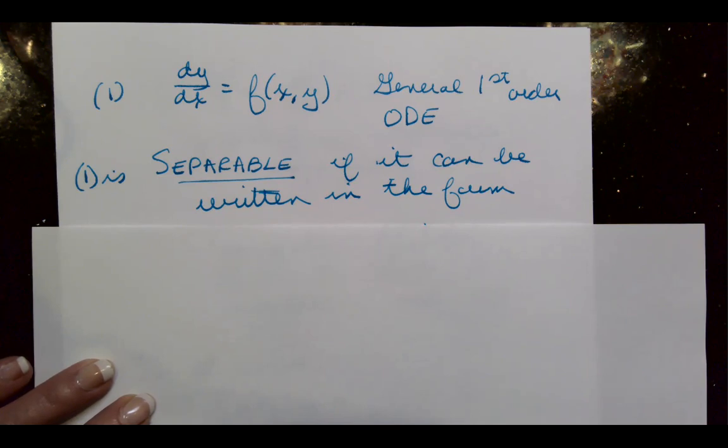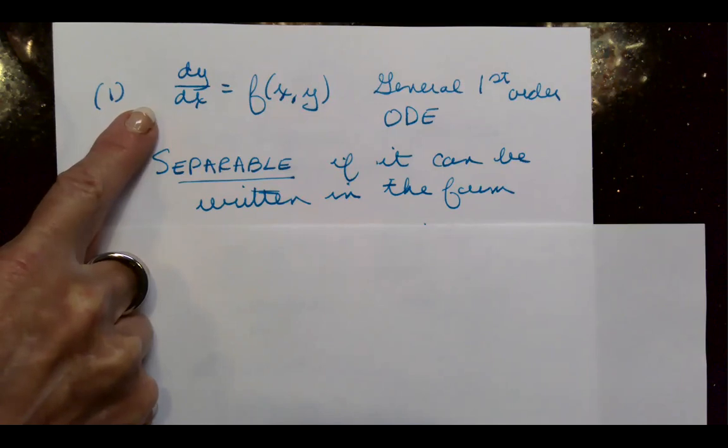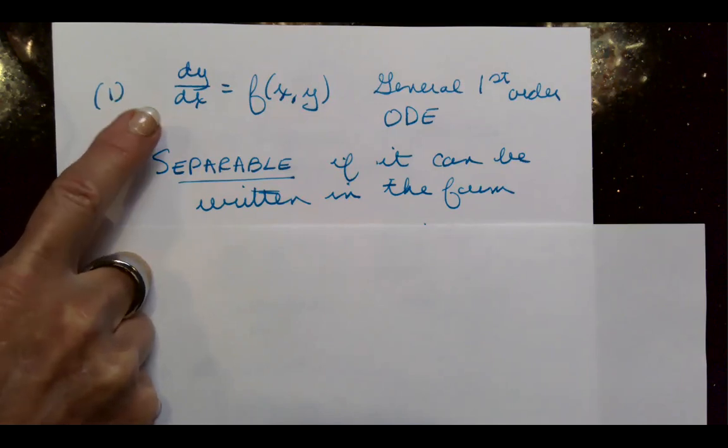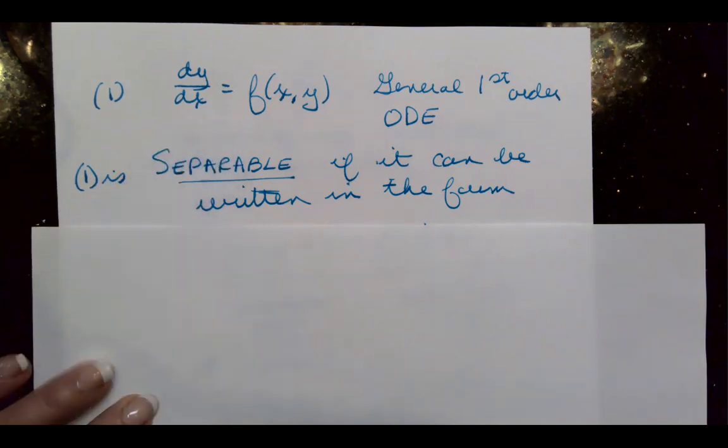So we look at a general first order ODE. That's anything that can be written in the form the derivative of y with respect to x, where x is our independent variable and y is a dependent variable, is some function of x and y. So we're going to learn how to solve lots of special cases of that. In the absolute most general one, you don't know how to solve it.